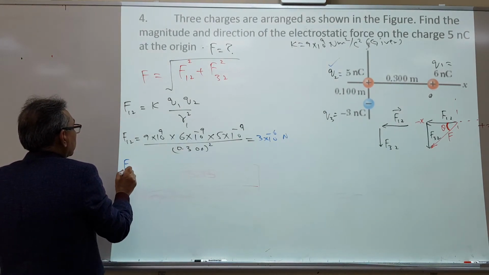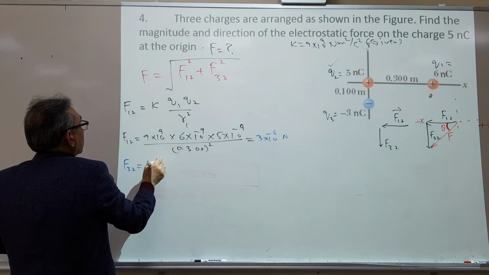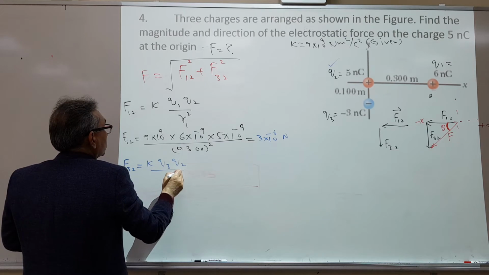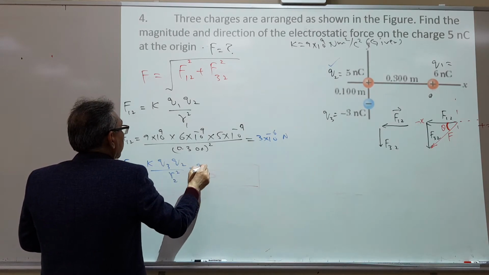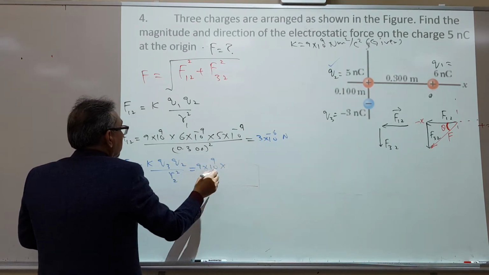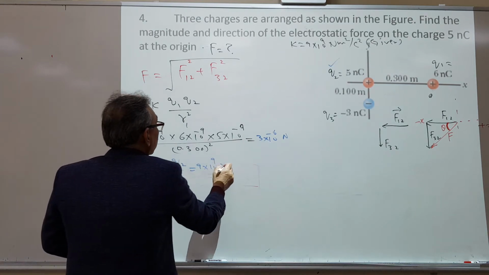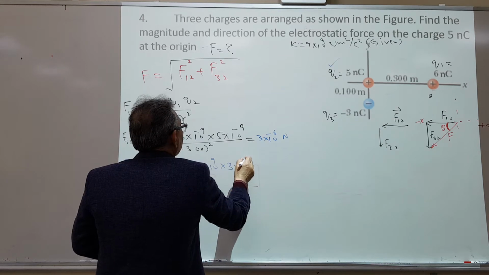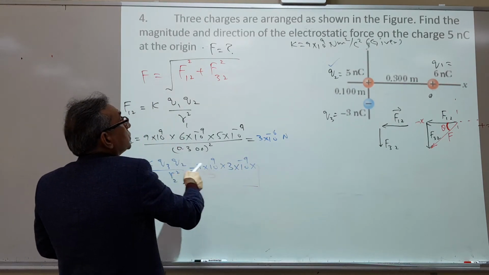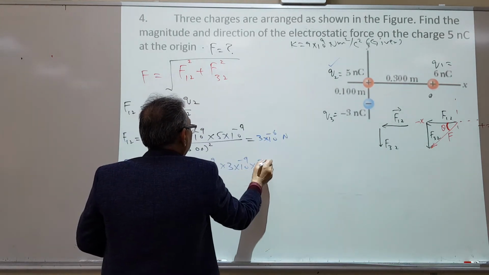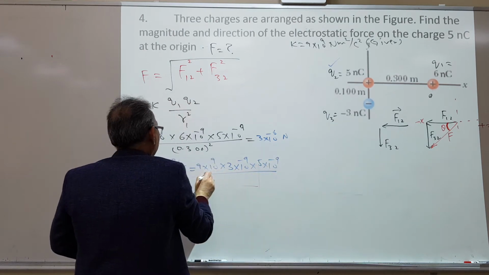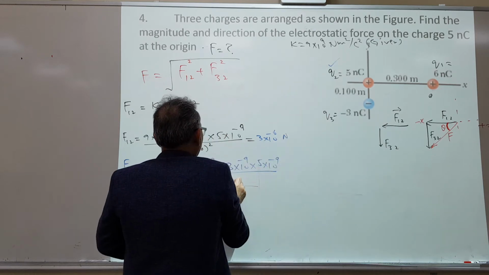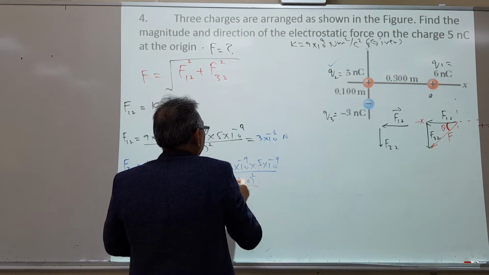Similarly, for F32 you would get K Q3 Q2 over R squared. You have 9 times 10 raised to power 9, Q3 3, keep in mind we are taking the magnitude right now, minus 9, Q2 5 nano, minus 9, divided by R squared, which is 0.1 meter squared.